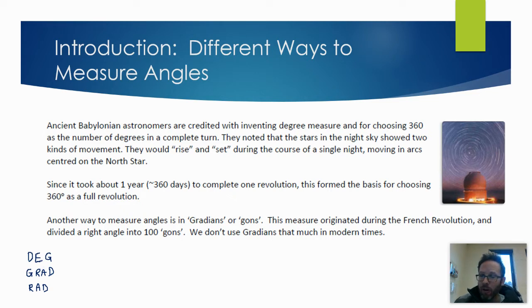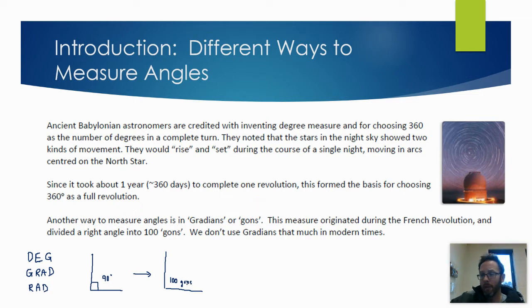This measure originated during the French Revolution, and was a way to standardize angles like the metric system, which is powers of 10. So what gradients tried to do was take a right angle, which in degrees is 90 degrees, and break a right angle into hundreds. Instead of a right angle being 90 degrees, a right angle would be 100 of these gons.